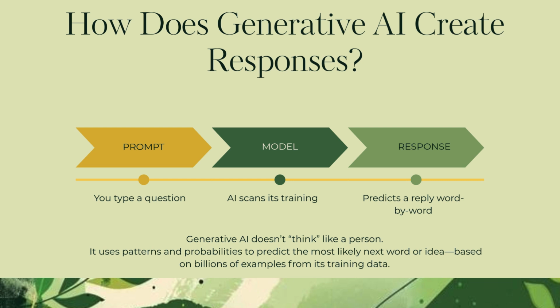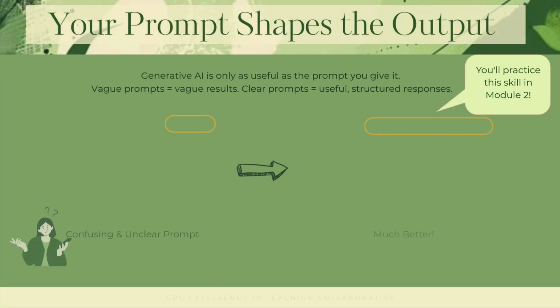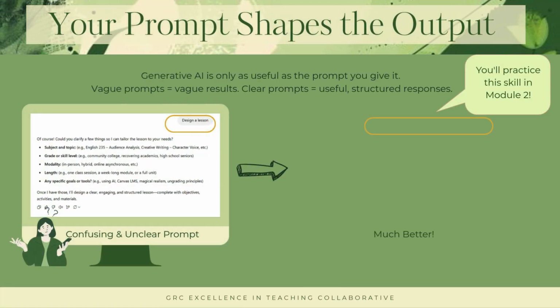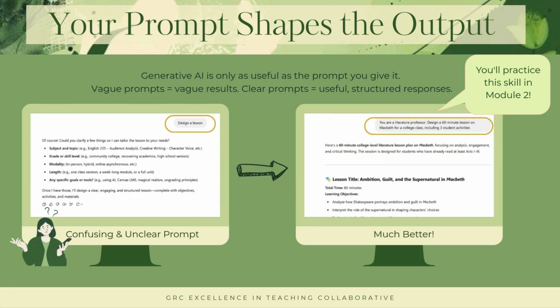So one takeaway from this very beginning lesson is that your prompt shapes the output. A confusing or vague prompt will give you vague results, like this one on the left, "design a lesson." It's not clear. It's just simply quite confusing. If you're more structured, you're going to get a better output.